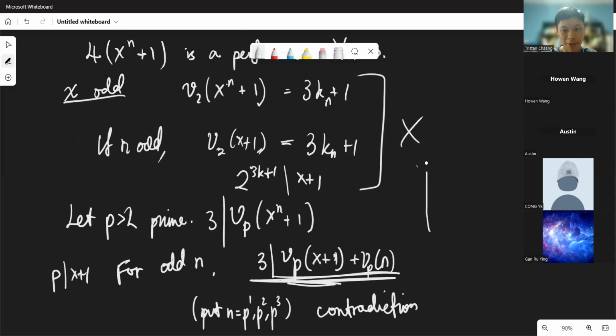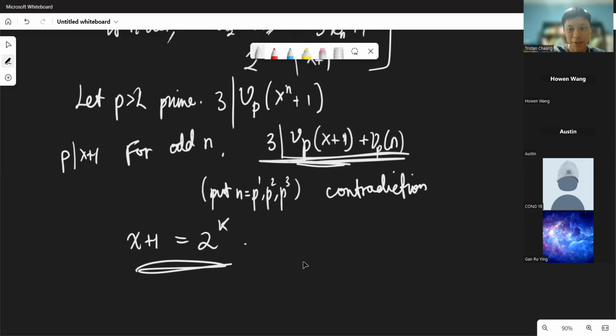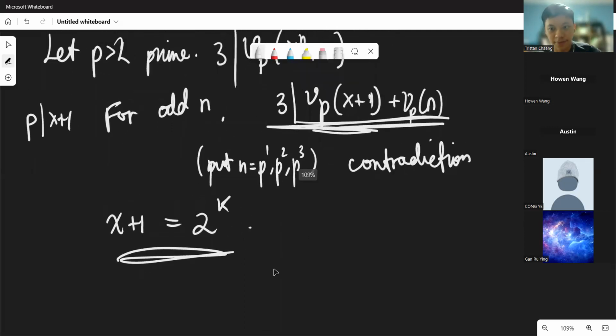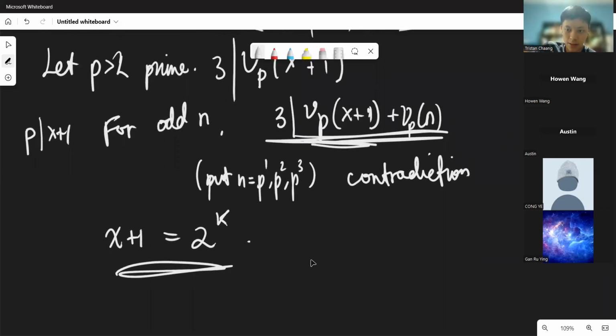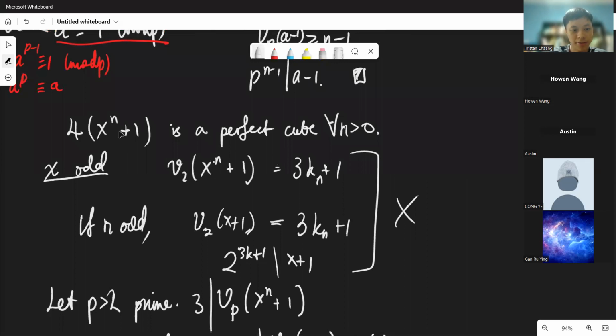So v2 doesn't really help at all. We can prove that it doesn't help because this result subsumes that previous result. So we have to think of something else. So not about v2s, but something else. So what is this something else? Let's look back at the problem. X to the n plus 1 times 4 is a perfect cube for all n greater than 0.